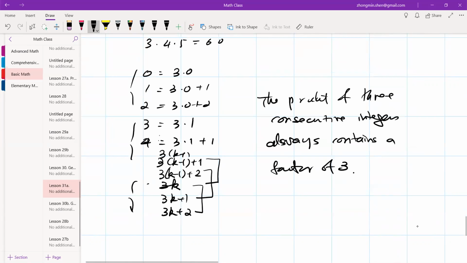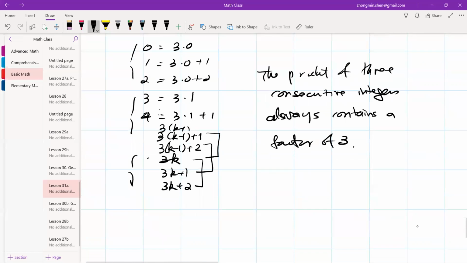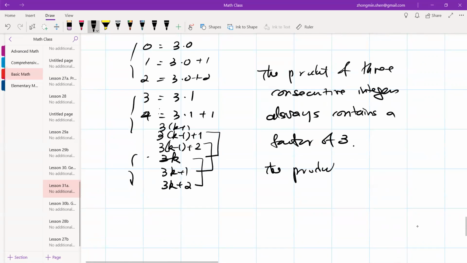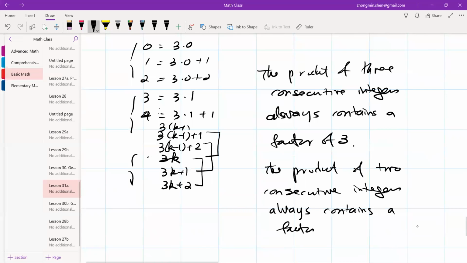But then you say divide by 6, because this is the product of 3 consecutive integers. There are always 2 consecutive integers in there, and the product of 2 consecutive integers always contains a factor of 2.